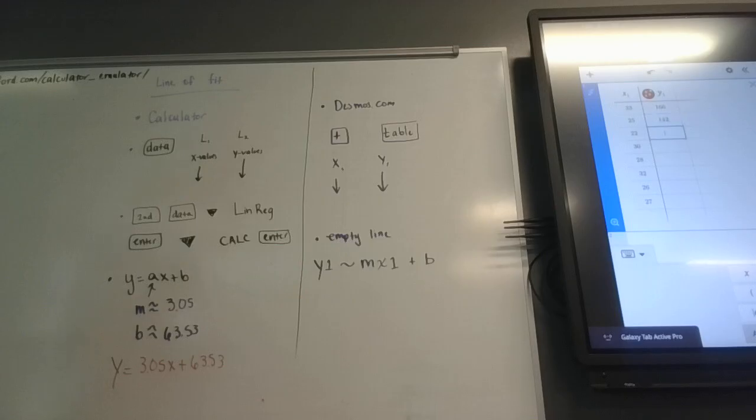And now we're going to see it appear. And there's the scatter plot.